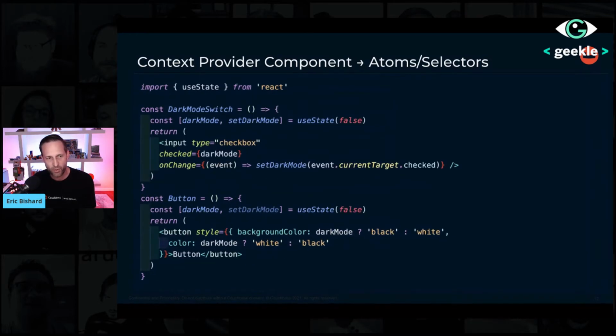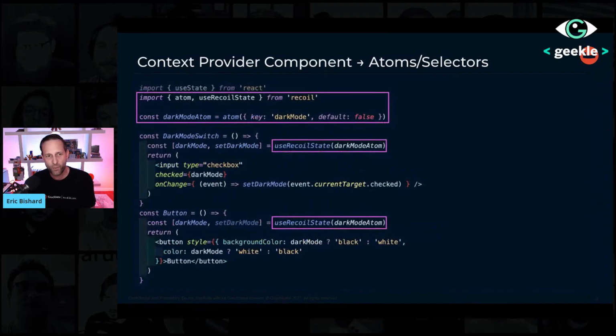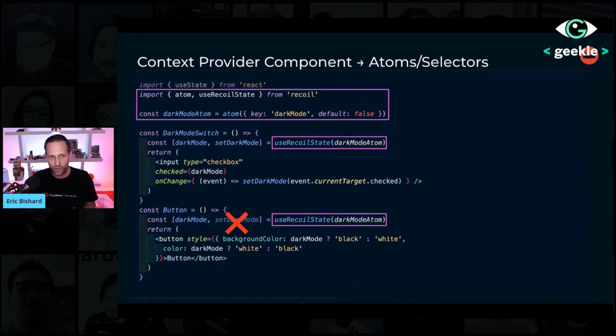And even the tuple on the left-hand side has darkMode and setDarkMode. And now with Recoil, you're not keeping track of state in two different places. You are keeping track of state in just one Recoil atom, and any changes made to that atom will re-render both of these components. Like I said, contrived example, but it shows you very easily how you can use Recoil.